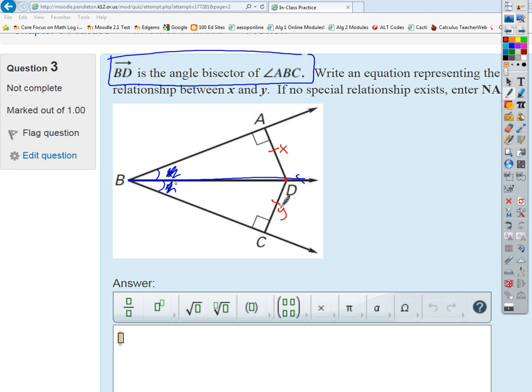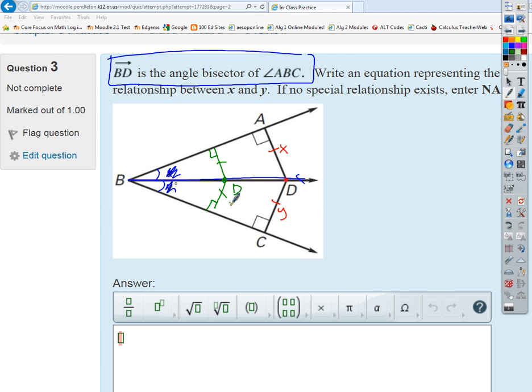What if I slide the point D? It doesn't matter. If I slide the point D back to here, yes, they're both going to change, but they'll still stay congruent, right? Does that make sense? So that's the corresponding relationship that we had in the last one for an angle bisector.